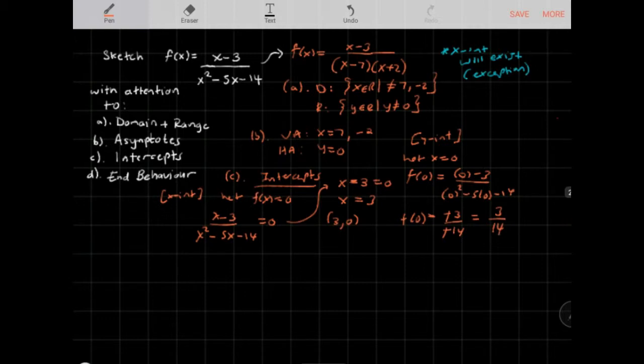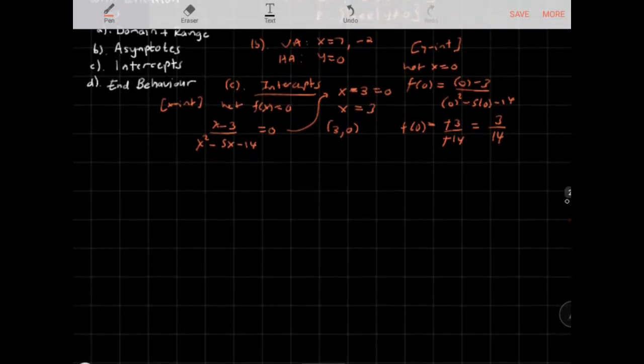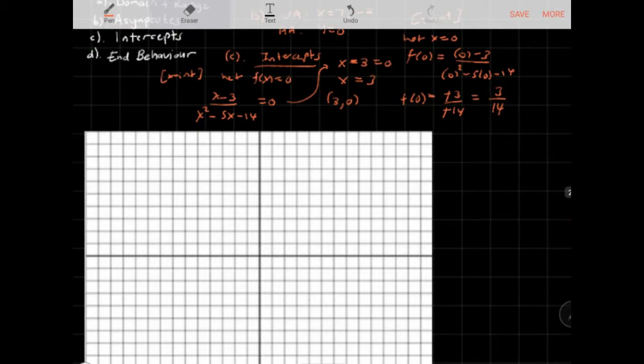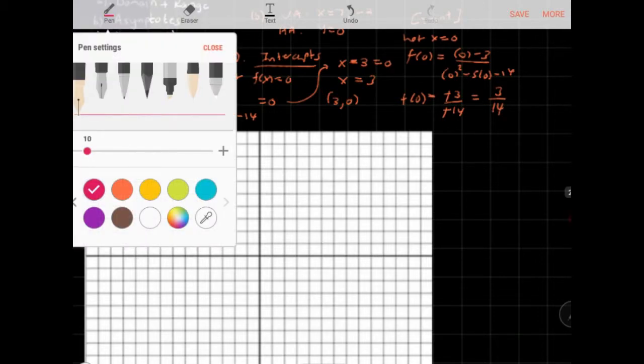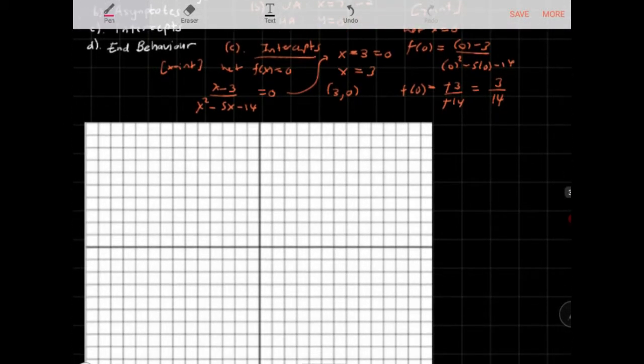Okay, so now we're going to create our sketch. I'm just going to insert my grid here. So here's my grid, and let's place our vertical asymptotes. I'm going to do the vertical asymptotes in red. My vertical asymptotes are 7 and -2, so for -2, let's say we have it here. Guys, try to use a ruler for this.